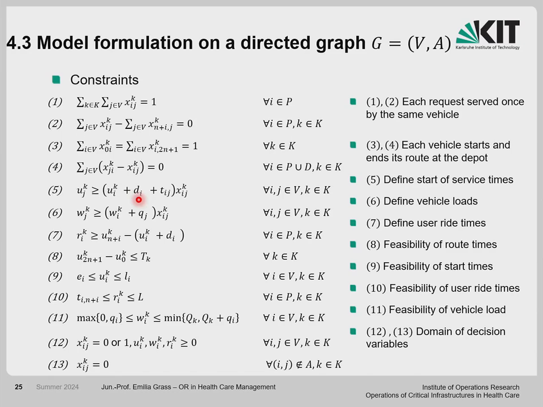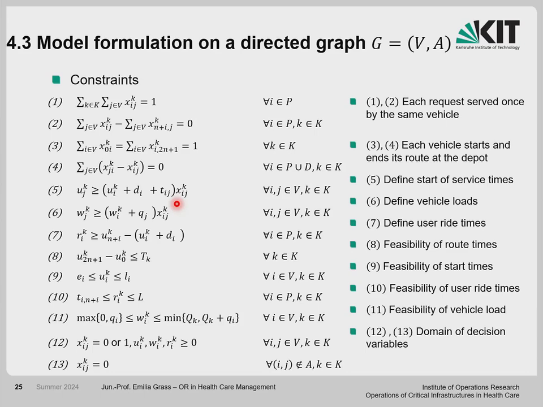So it's 8:15, plus the time they need to travel from 2 to 4, let's say half an hour. So that means the time at j is 8:45. This holds only under the condition that x is 1. Okay, only if this arc is used.